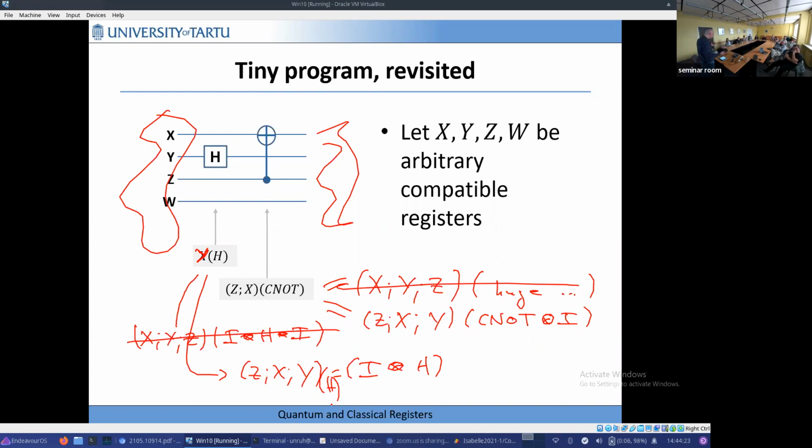So you can wrap and unwrap, and maybe sometimes you will also not like to have these long tensor products, because maybe now you have done this focusing on 3 registers, and writing it as a tensor product is again unreadable.